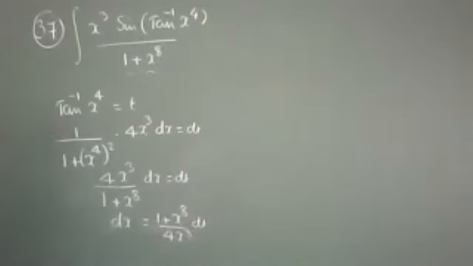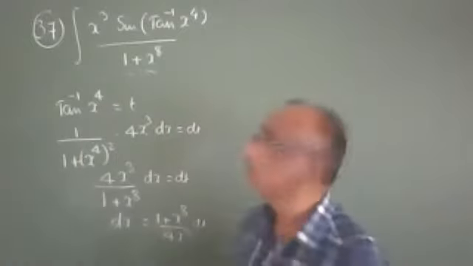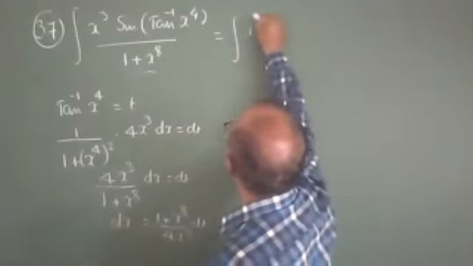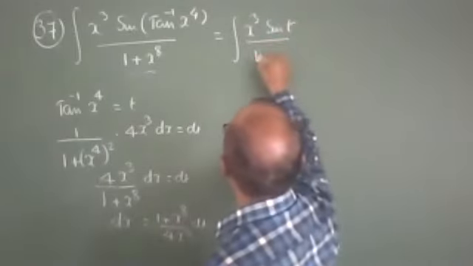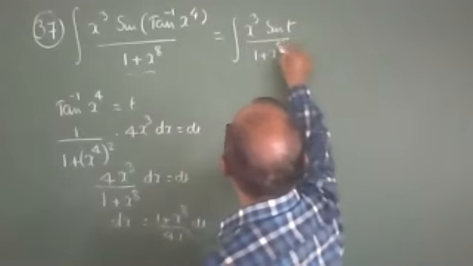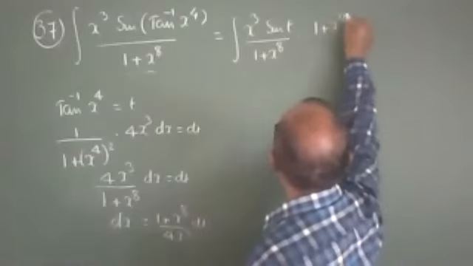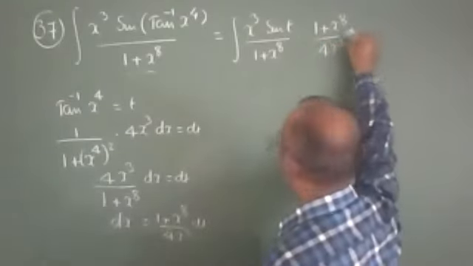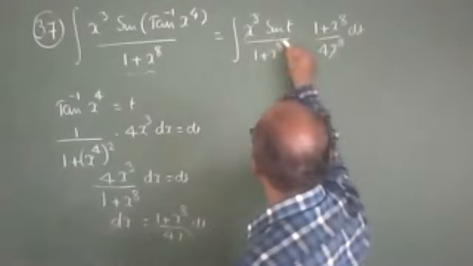Right, substitute, we get the total is cancelled. Only one function we are getting. So integral of x cube sin t, okay? By denominator 1 plus x power of 8, dx means 1 plus x power of 8 by 4x cube into dt. What terms should be cancelled?